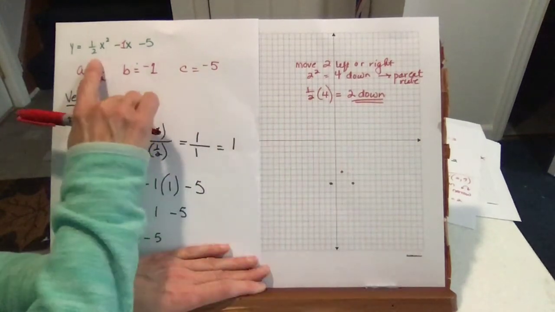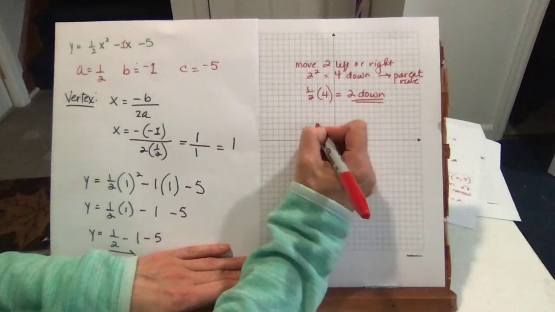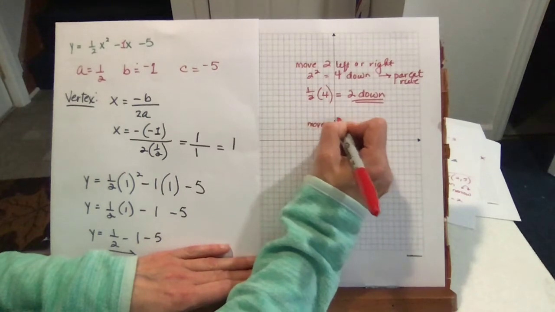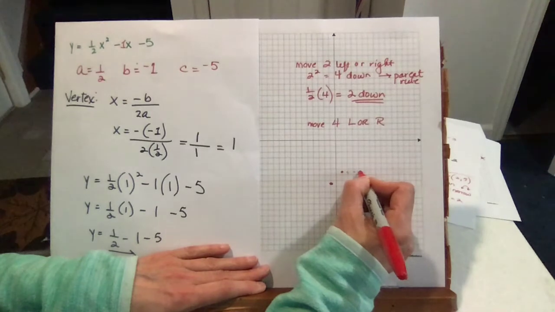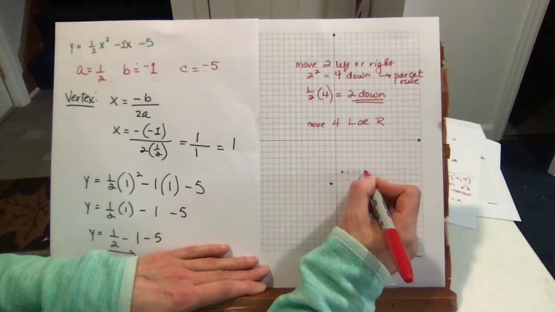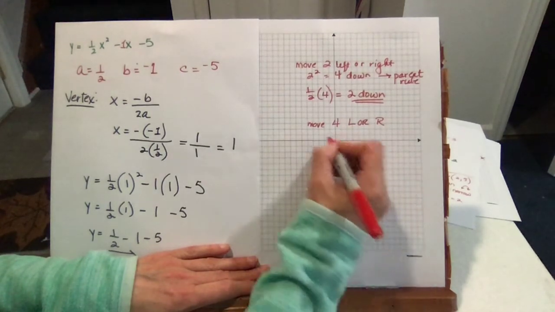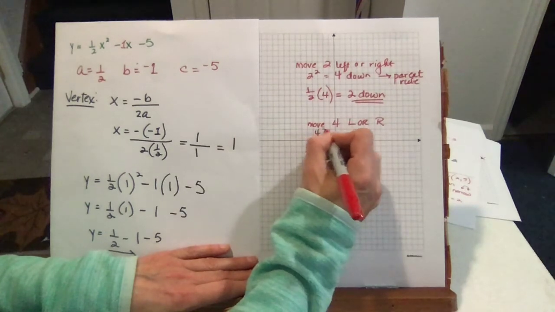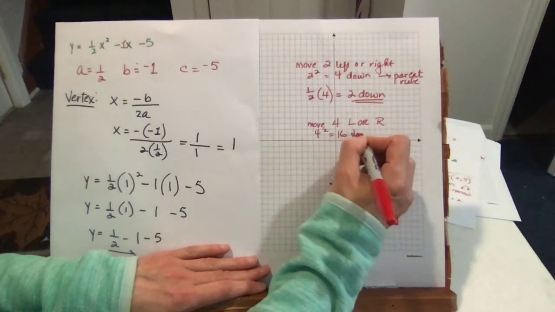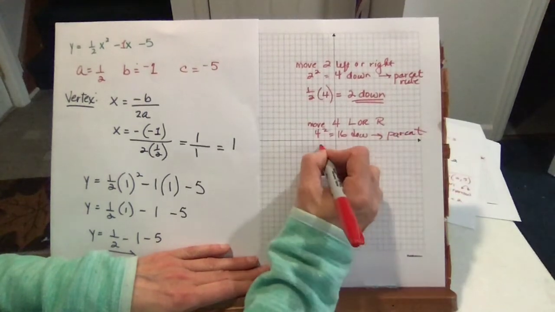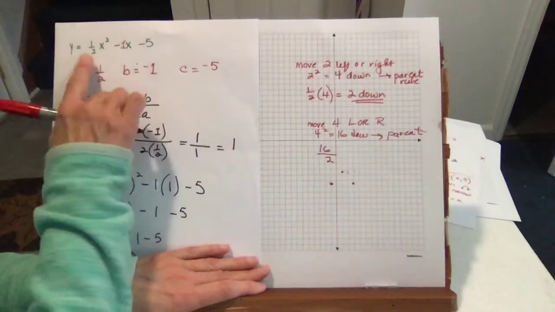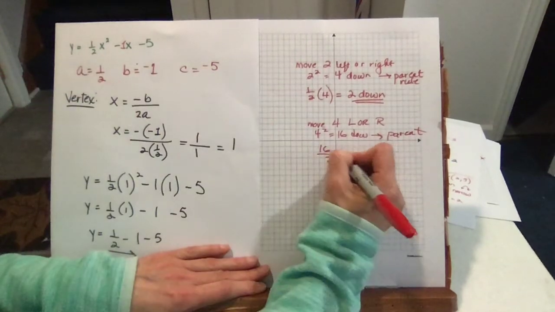All right, now I would move 4 away this time. So if I move 4, left or right, so 1, 2, 3, 4, right? That means I would square it and go down 16, right? That's the parent rule. But because I'm dividing by 2, half that amount, I'm actually going to go down 8.